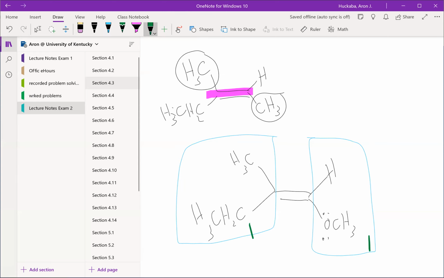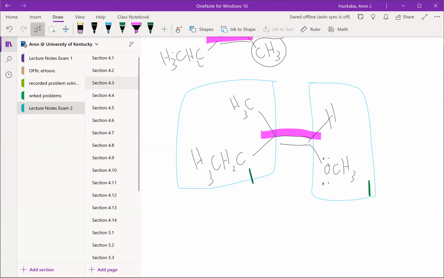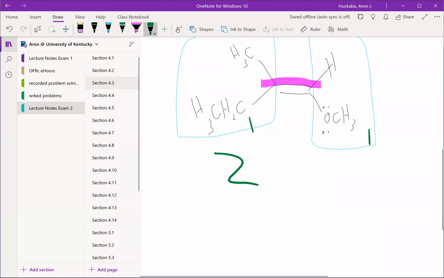So now you look at whether they're on the same side of our imaginary double bond or not. And they are on the same side, so we would call this Z. Okay? If they were on the opposite side, we'll just draw it here real fast.